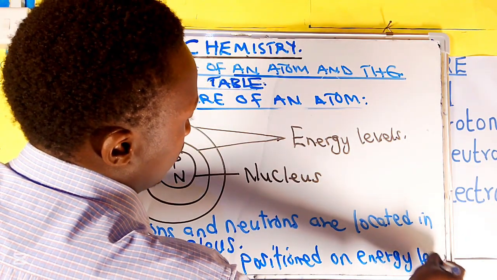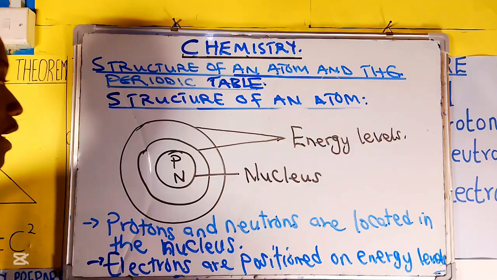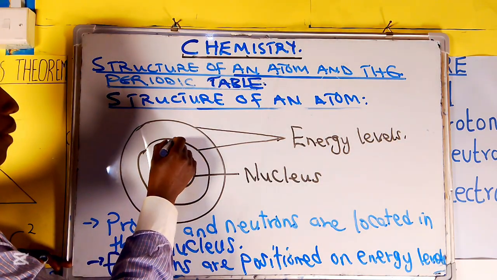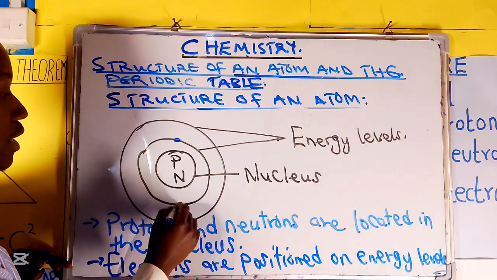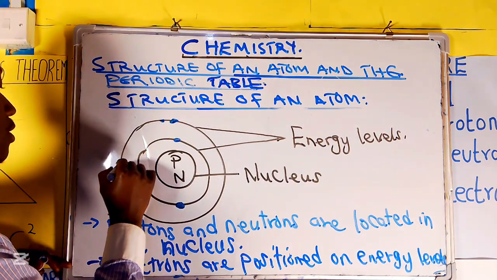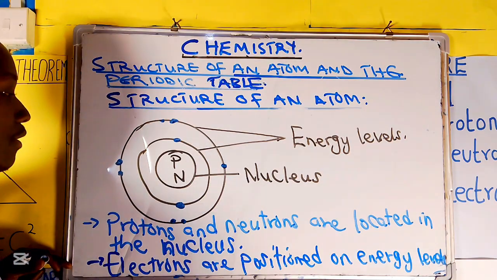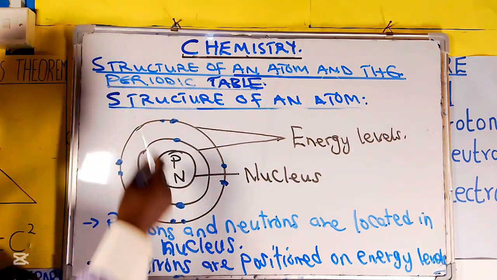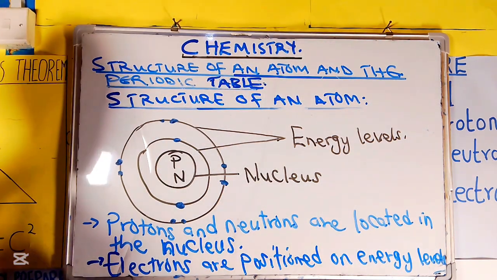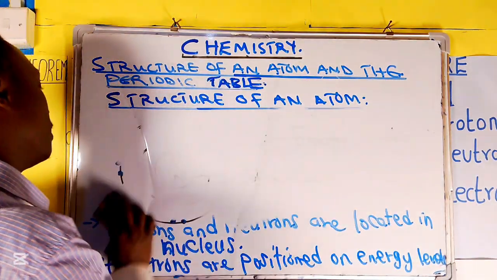Having the protons and the neutrons in the nucleus, our electrons are positioned in the energy levels. So those are our electrons.